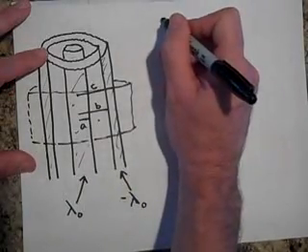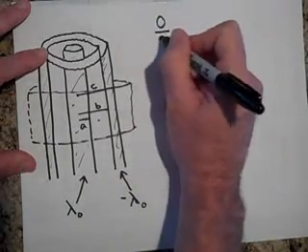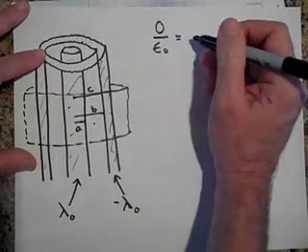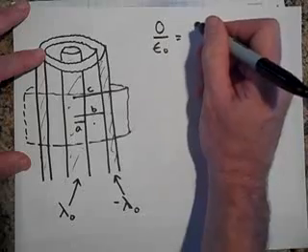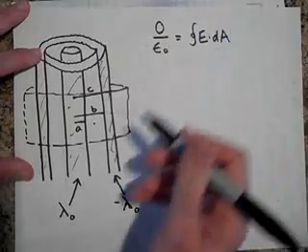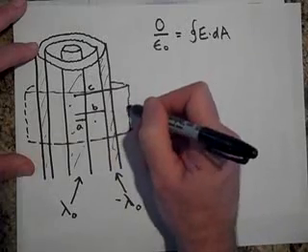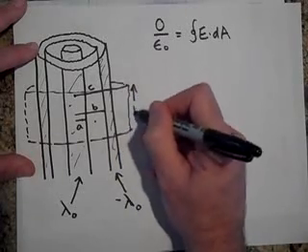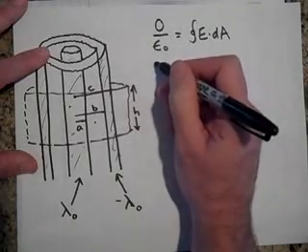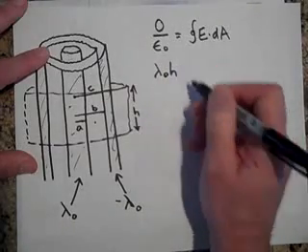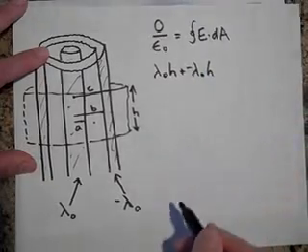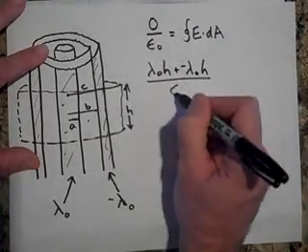So Q enclosed over epsilon naught, which is 0 times epsilon naught, is equal to E dot dA. Let me write that a different way. If this has a height h, then what I'm saying is lambda naught times h plus negative lambda naught times h for the outer one, all over epsilon naught.